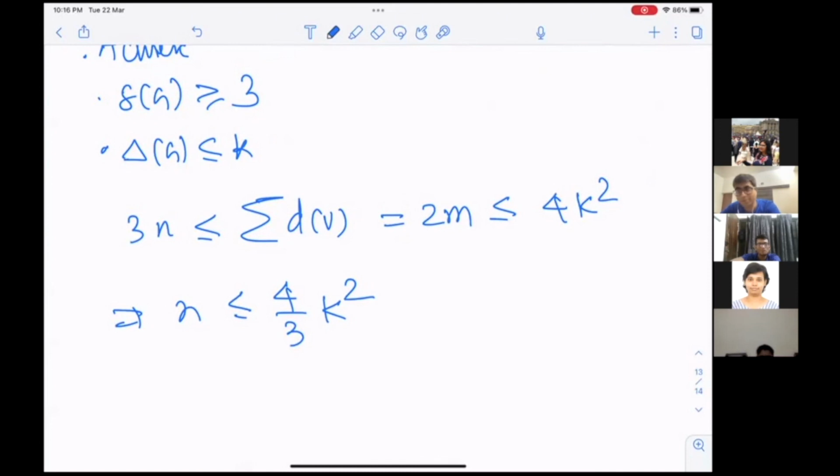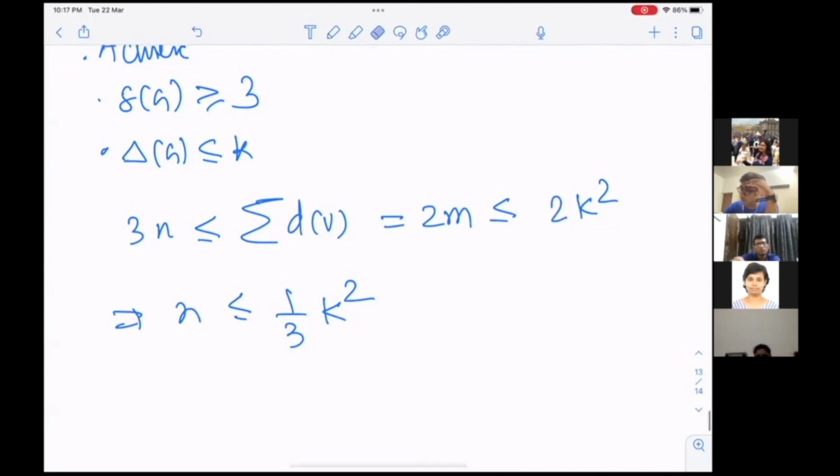No? The number of edges was 2k square, or was, no, it's wrong, no? M was at most k square, right? Edges were, yeah, this should be 2 by 3.